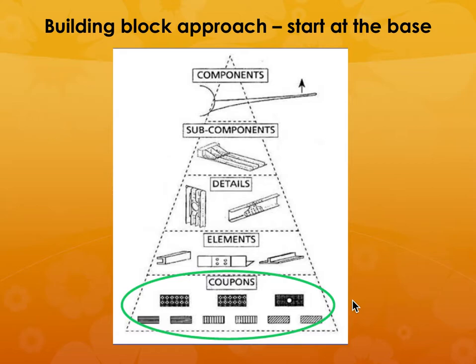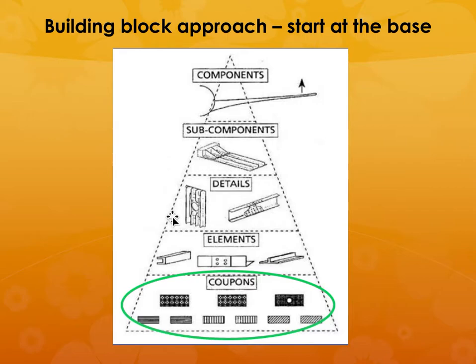So this testing procedure is taken as a building block. So you would make coupons and you would test them, and only if it meets those design specs, then you make these elements and test them.